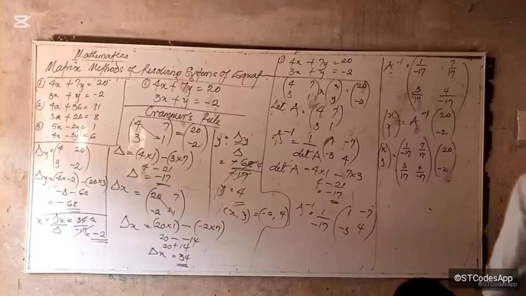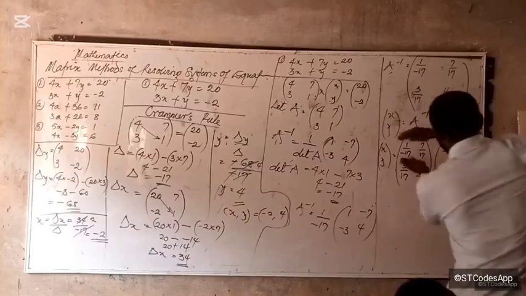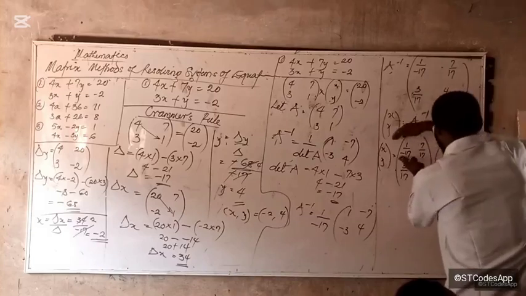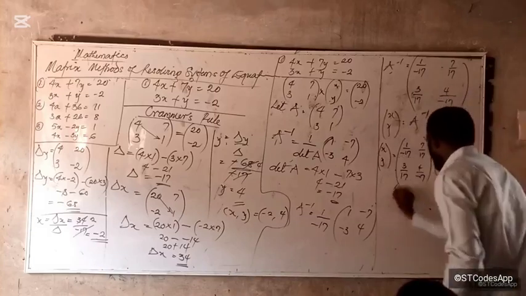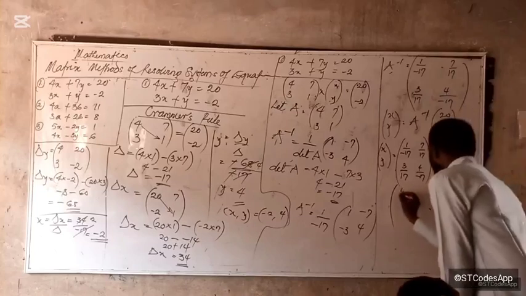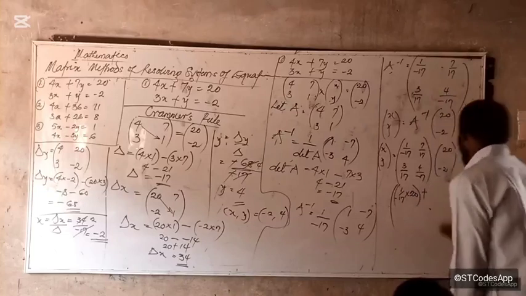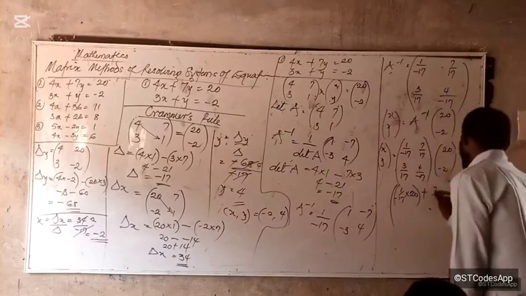The way we multiplied, row will multiply column. Do you understand? So to get the first entry, this row, we can write it all together: 1 over minus 17 times 20, plus 7 over 17 times minus 2.